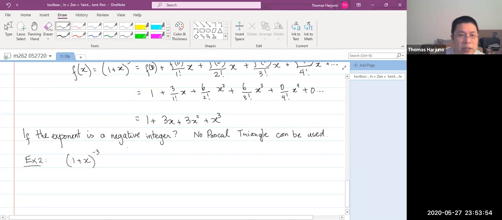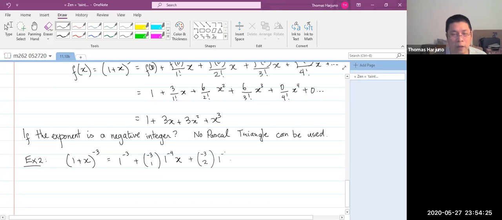We still can say that this will be 1 to the negative 3, plus negative 3 combination 1 times 1 to the negative 4 x, plus negative 3 combination 2 times 1 to the negative 5 x squared.